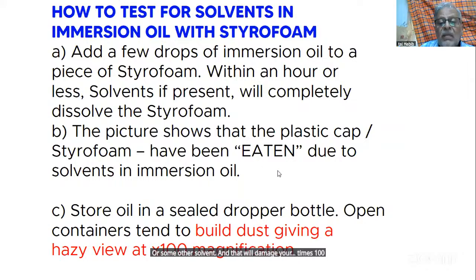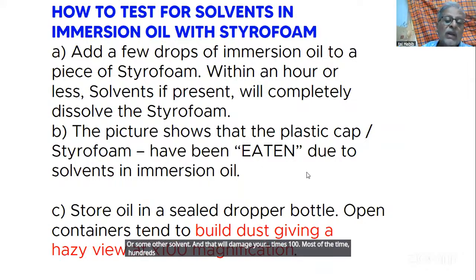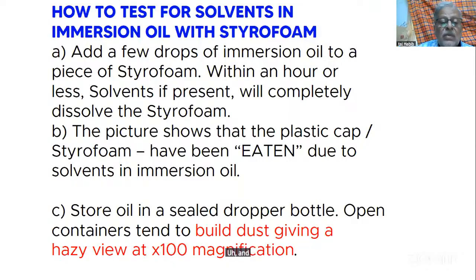Most of the time, the 100s don't last more than a year. And if you're using the Chinese microscope, your immersion oil objective will cost you close to 10,000. And if you are using Olympus, the cost of the times 100 is close to 40,000.